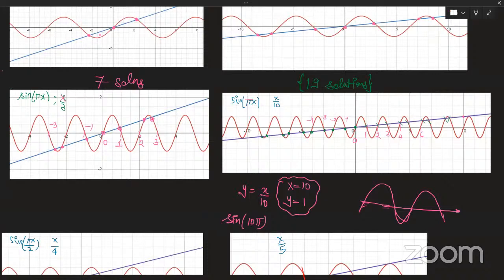What is happening when my x is equal to 10? Where is this red curve intersecting? Just have a look here. What is the value of sine of 10 pi? Sir, it will be 0. Correct. Sine of n pi is 0, where n is any natural number. Everyone knows this, right?